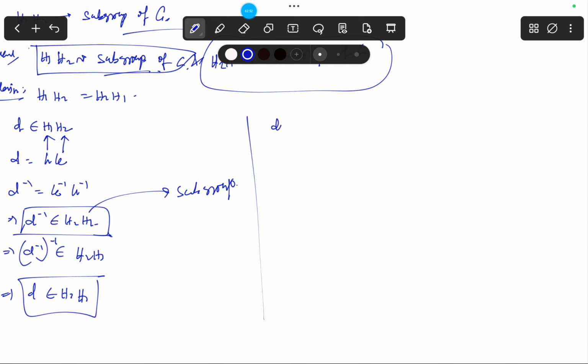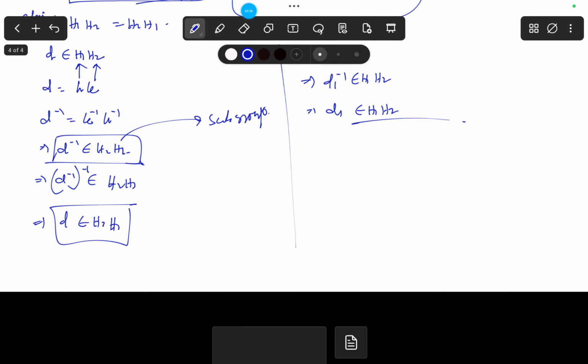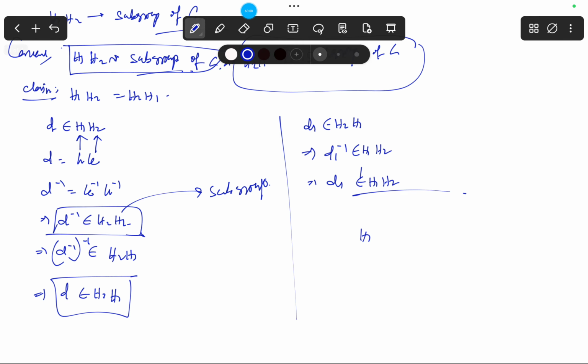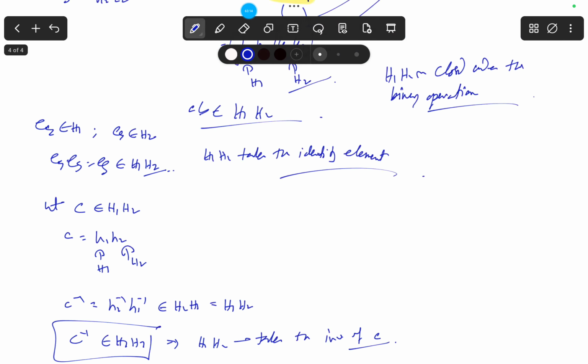Similarly, you can assume any element D1 belongs to H2 times H1, and then we can find that D1 inverse is in H1 times H2, and that will imply D1 belongs to H1 times H2. So that means we have that H1 times H2 is same as H2 times H1 as a set.